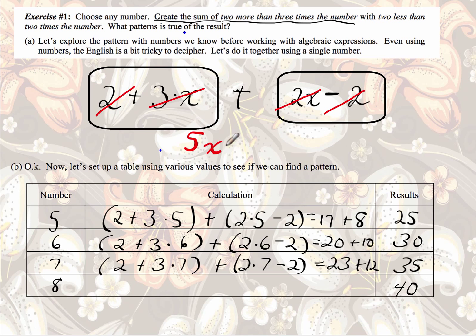So you see what the shortcut was? The shortcut is to just take whatever number I put in and multiply it by 5. See, 5 times 5 is 25, 5 times 6 is 30, 5 times 7 is 35, and then 5 times 8 is going to be 40. So this sounded really complicated, but when we cleaned it up, it was a nice, easy thing. And that's the trick with all those math games that we're going to play on the internet.